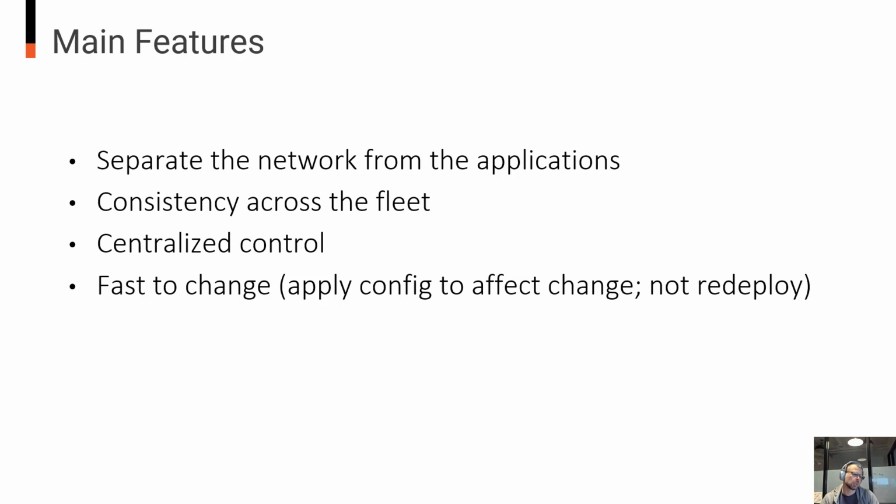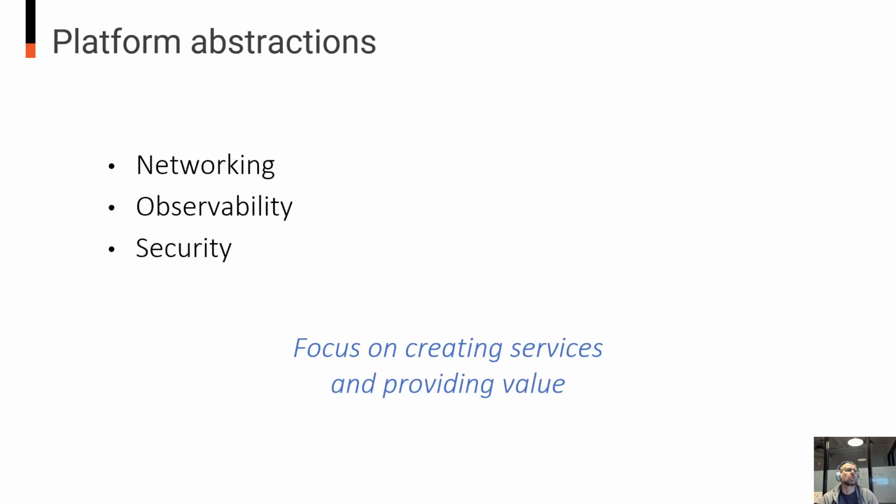You cannot really redeploy your application every time there are changes in how you want to monitor, secure, or trace it. So, the three pillars of service mesh: networking, observability, and security. We make sure traffic is going in the right direction. We have tools to monitor how traffic is going, and we make sure only the traffic that needs to be served is served.